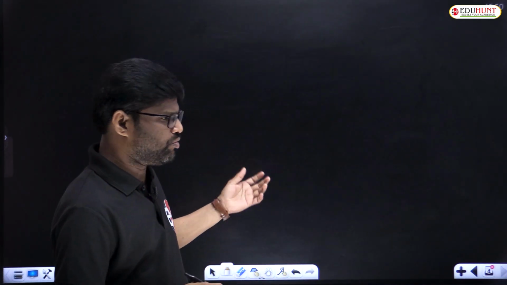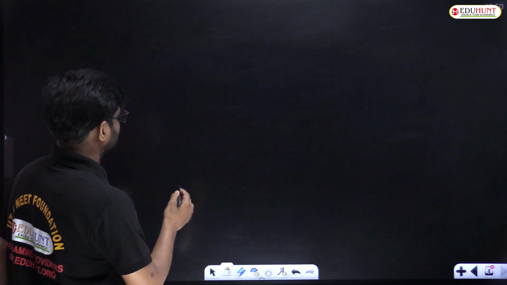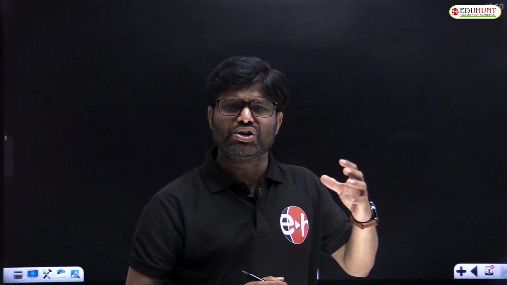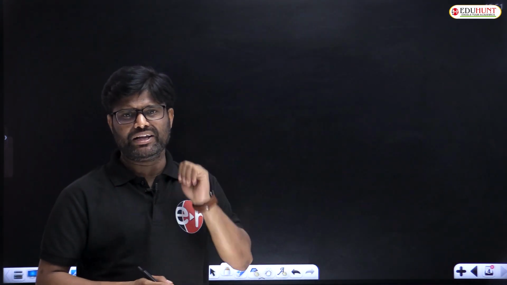I will explain the graph based on the black body. In order to understand the graph, first let me tell one example. X, Y, Z, three temperatures are there.